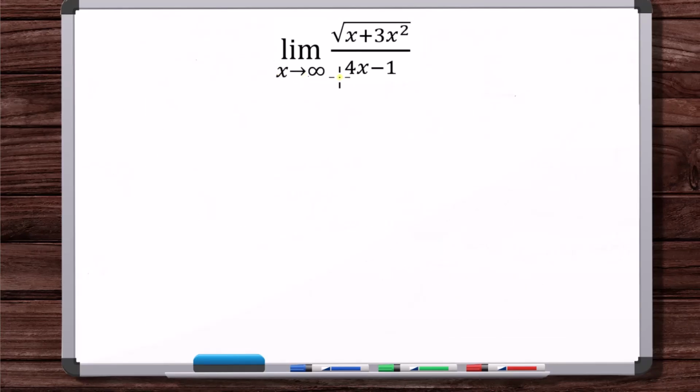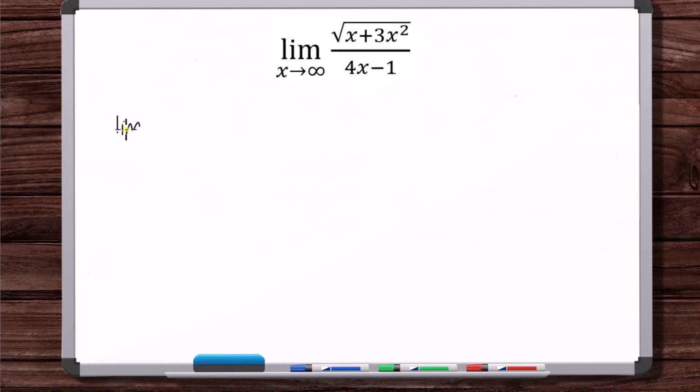Okay, the limit as x approaches infinity of the square root of x plus 3x squared over 4x minus 1. This is going to be an infinity over infinity indeterminate form. So to put it into a different form, let's divide the numerator and denominator by x to the order of the denominator, which is 1.